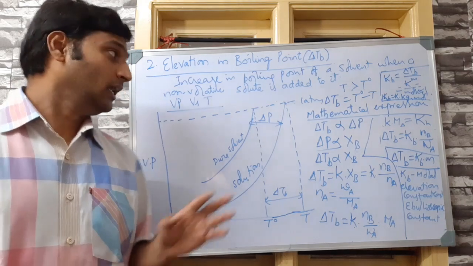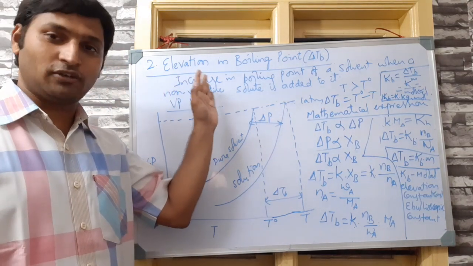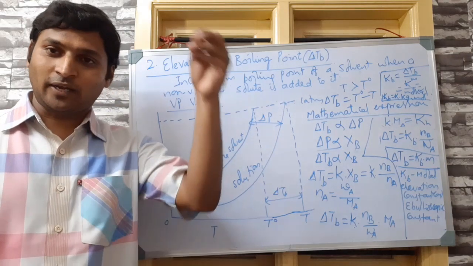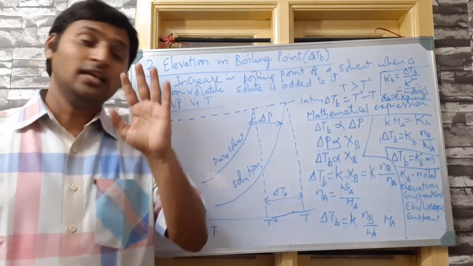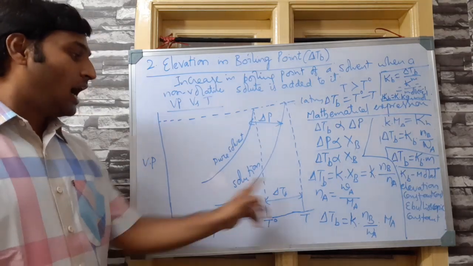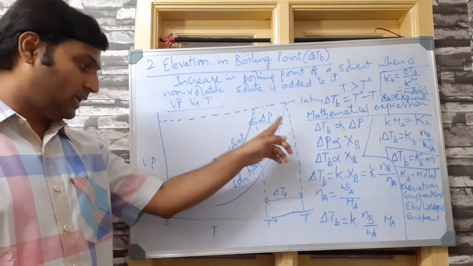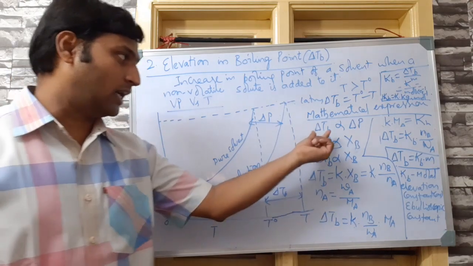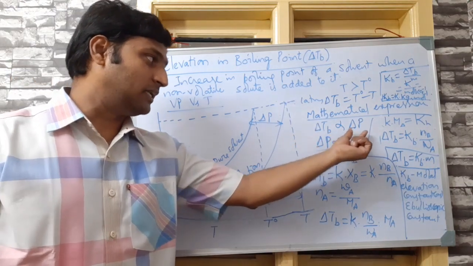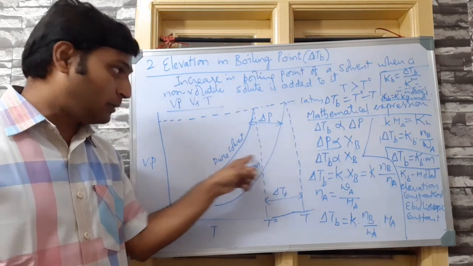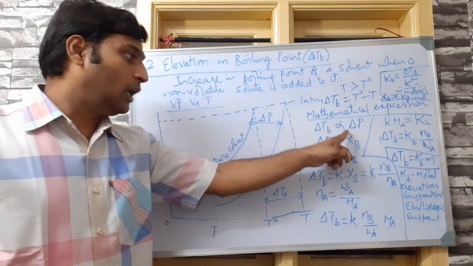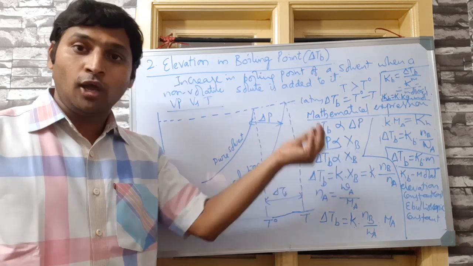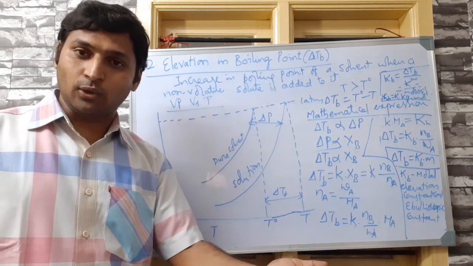Clear? So quickly, we have understood the meaning and definition of elevation in boiling point. Physically, we have understood why boiling point should increase when you add non-volatile solid solute. Then graphically, we have understood how boiling point increases when you add non-volatile solid solute to a liquid. Graphically, we understood that elevation in boiling point must be directly proportional to lowering in vapor pressure. And lowering in vapor pressure in turn is directly proportional to mole fraction of the solute. More the fraction of the solute, more will be the lowering.